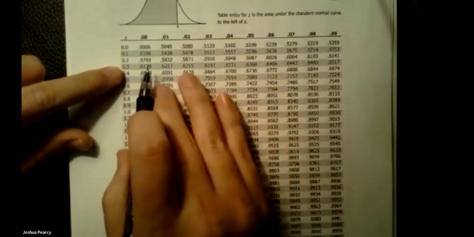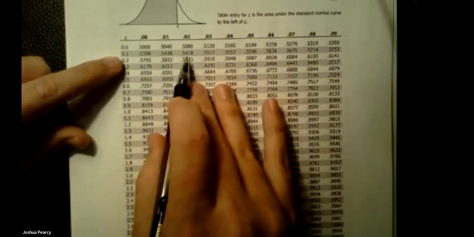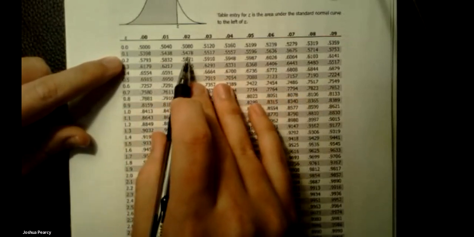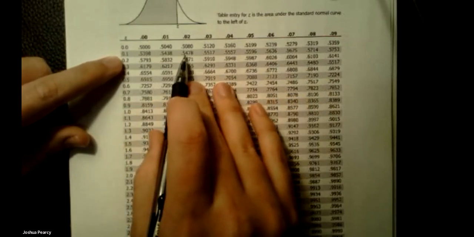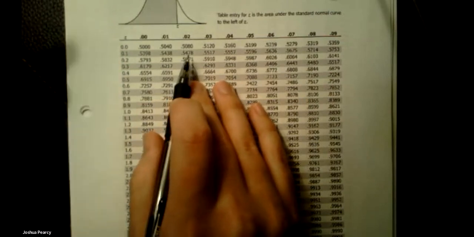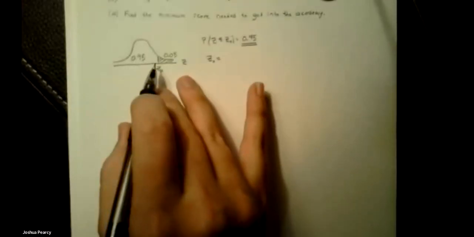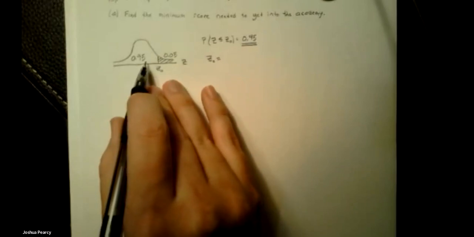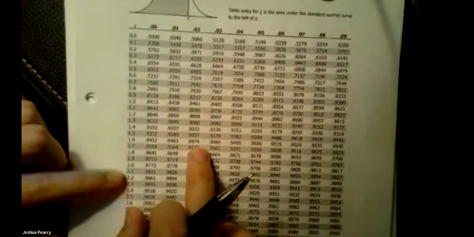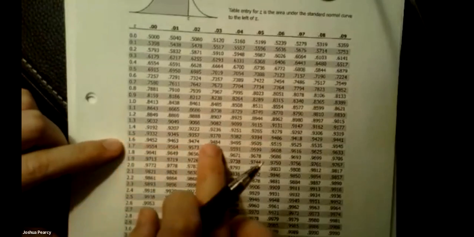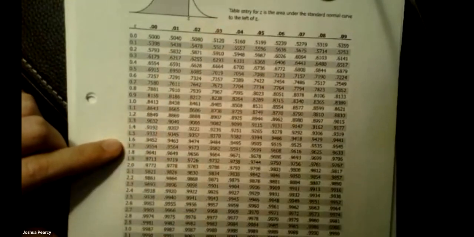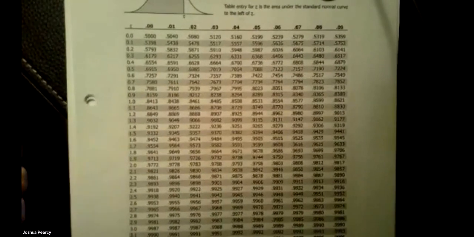So say I have a z-score of 0.12. That means the area to the left of that z-score is 0.5478. In this case, I'm telling you the area to the left of some z-score. So I'm telling you the area on the inside here, and I want you to find the associated z-score by intersecting those 2 rows where you get that number. Does that make sense? Yes.